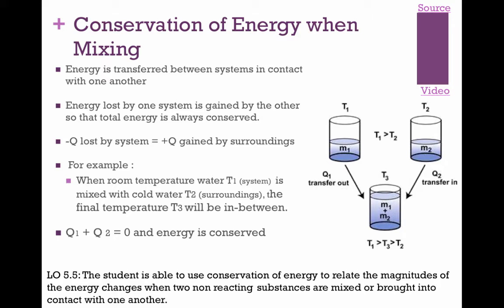Okay, this is the one thing with Q equals MC delta T that people usually get tripped up on, is thinking about solutions. Because when you think of solutions, the water is your surroundings. Right?